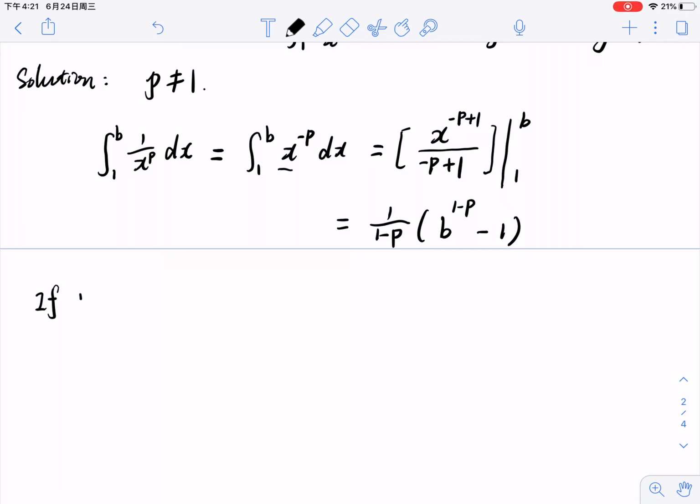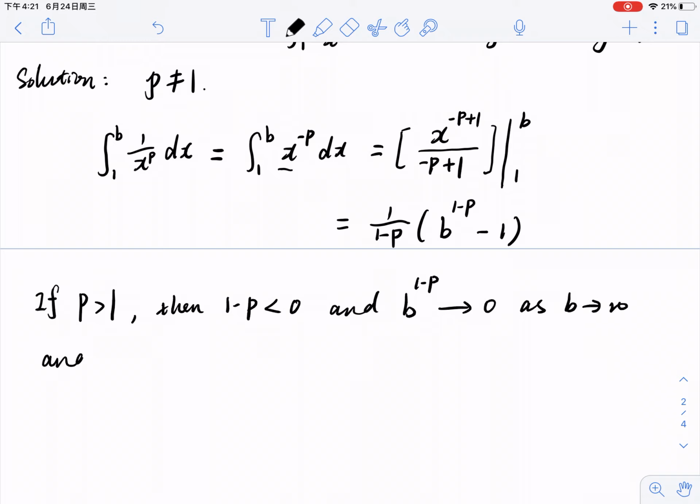If p is greater than 1, then 1 minus p is less than 0 and b to the 1 minus p goes to 0 as b goes to infinity.